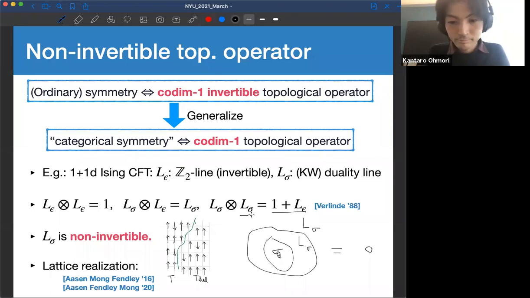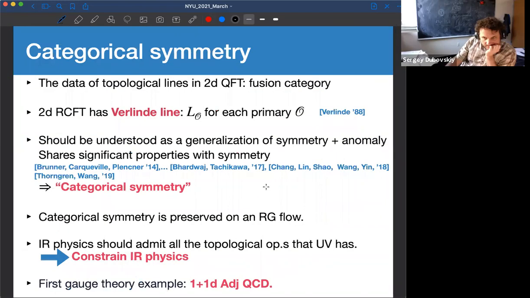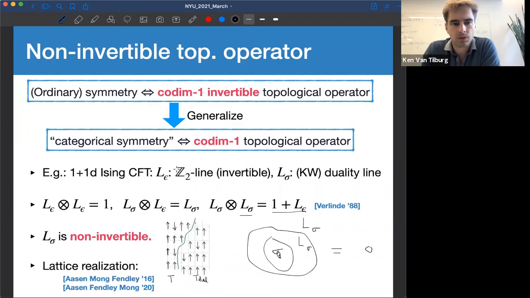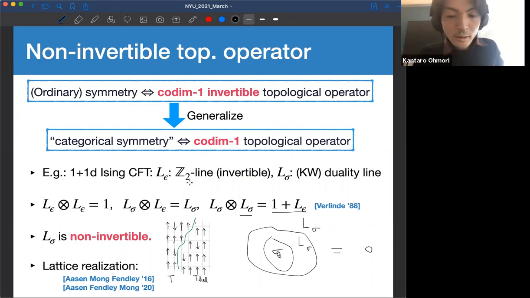Thanks. Kantaro, I have another question. So you drop the invertibility requirement, but can you drop both of the requirements? Can you consider higher codimension? Yes, non-invertible. In higher dimensional QFT, that's the most general thing to consider.